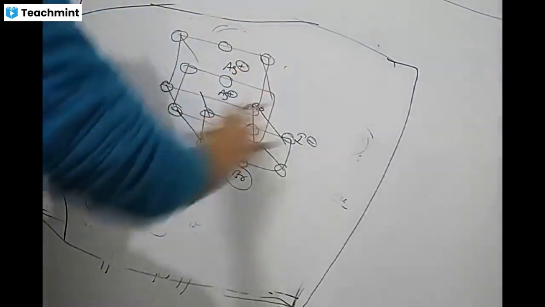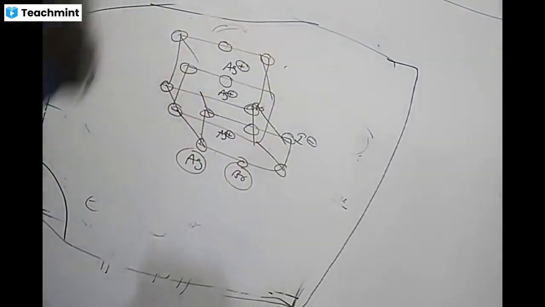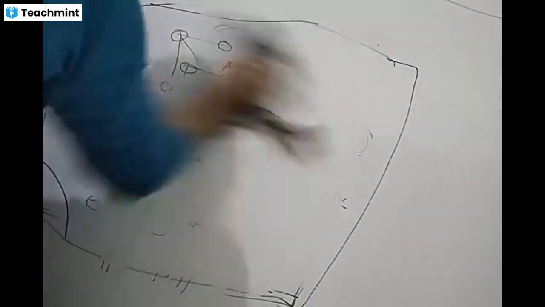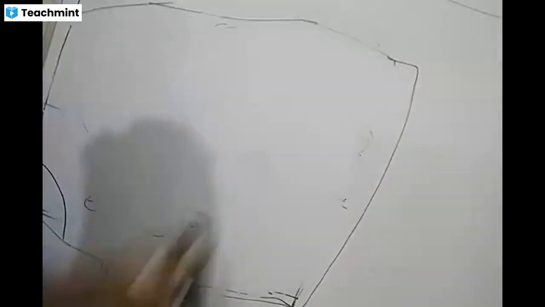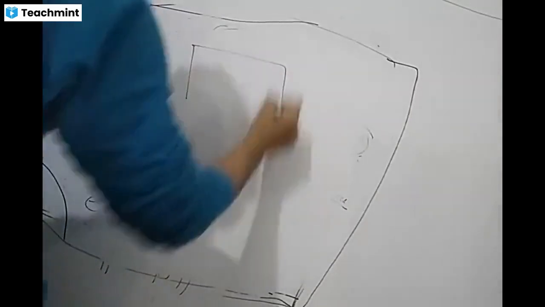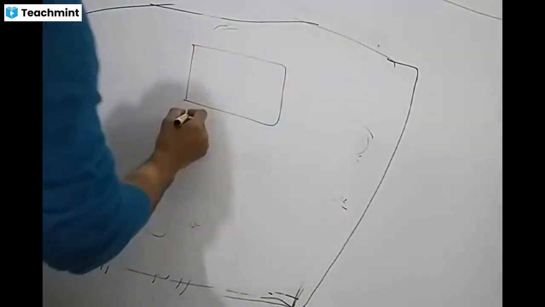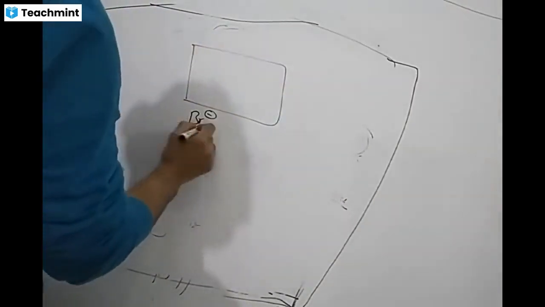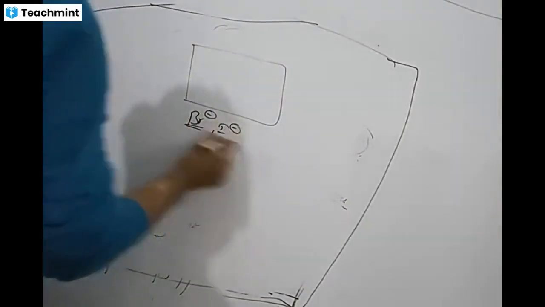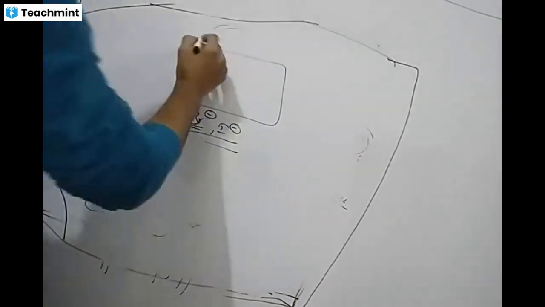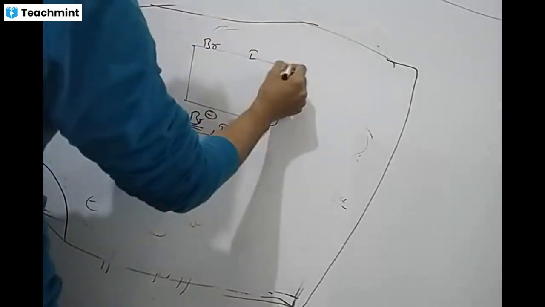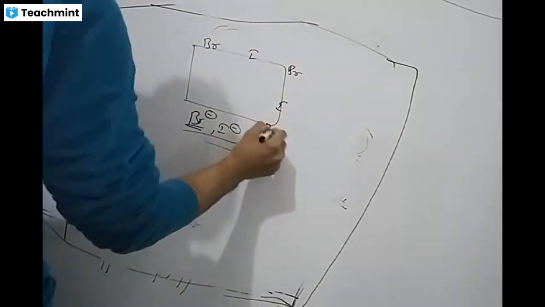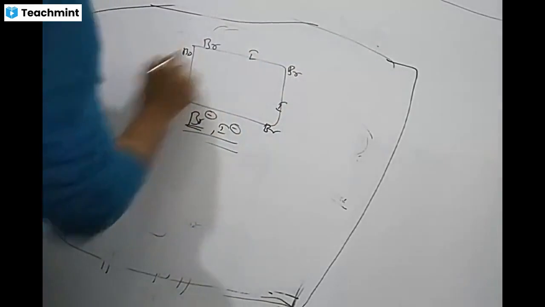If we look at the structure of AgBr, on the surface, Br negative or iodine negative, these halide ions are more. These halide ions are more at the surface.